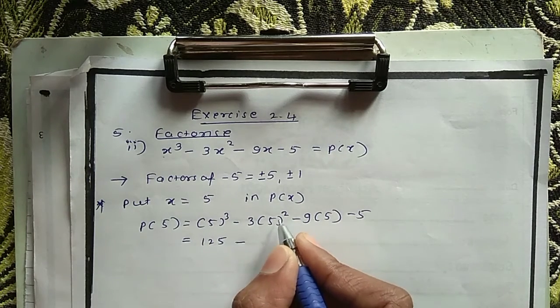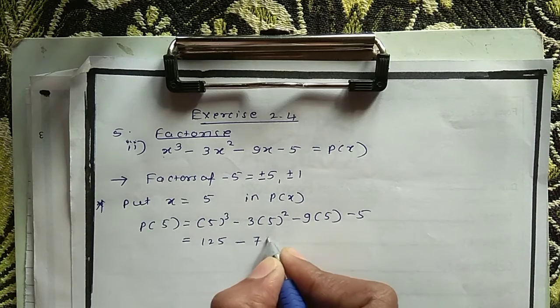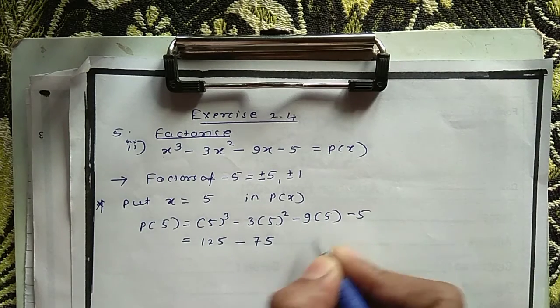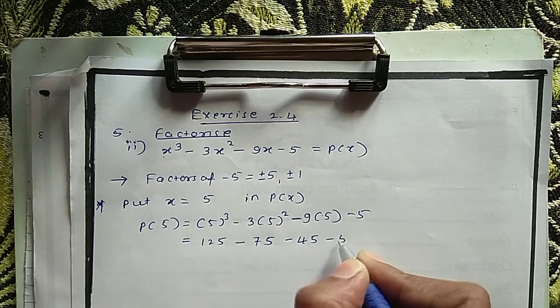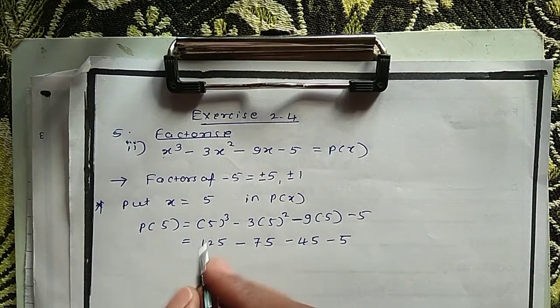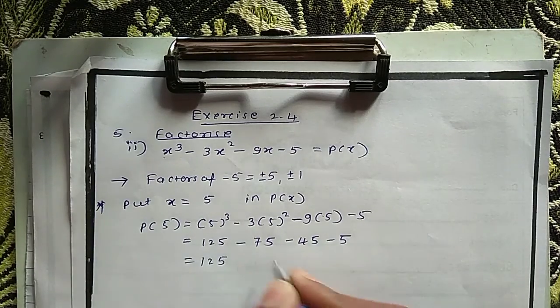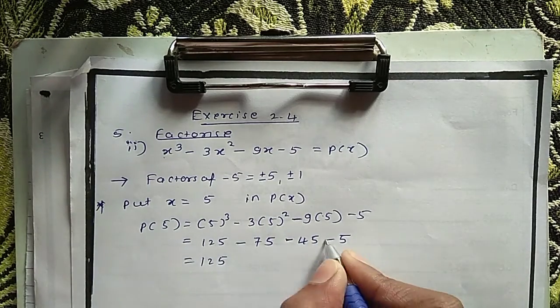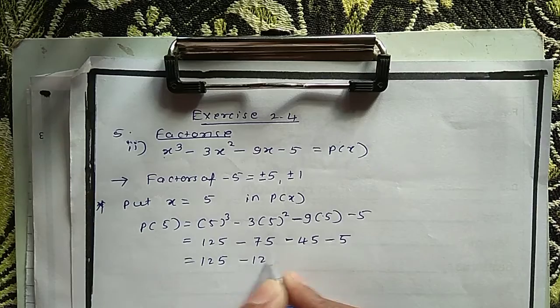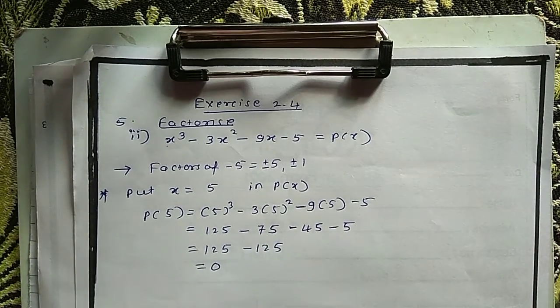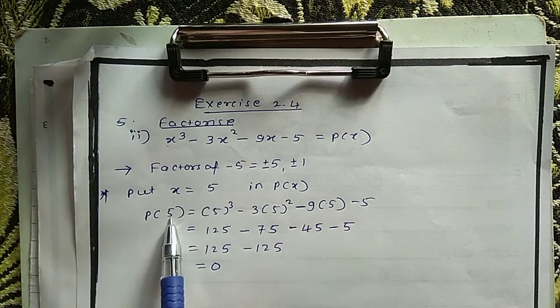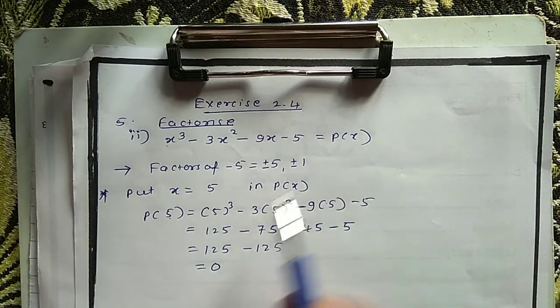Minus 5 square is 25, 25 threes are 75. Next 9 fives are 45, minus, plus is minus 5. All are minus, so we can add them and get minus 125, plus 125, minus 125 is 0. So at x equals to 5, the given polynomial got equated to 0.